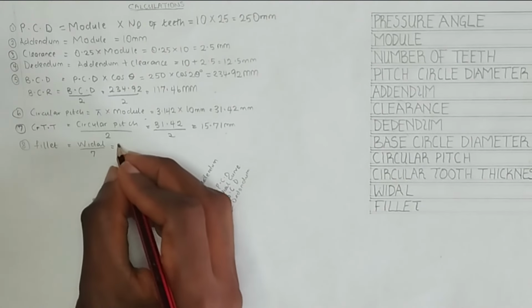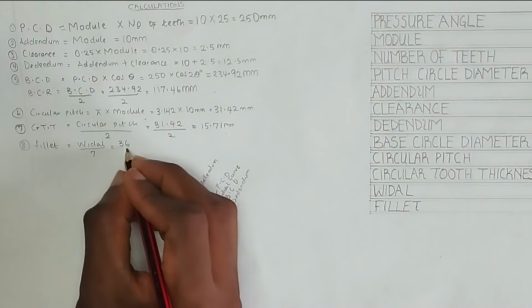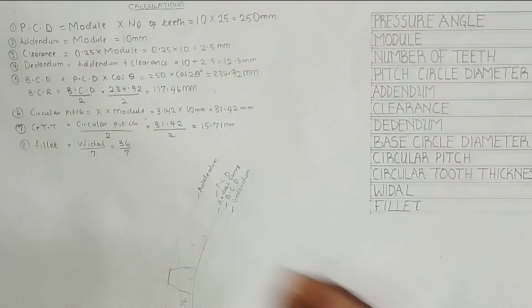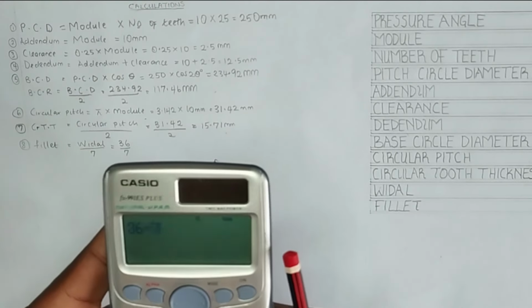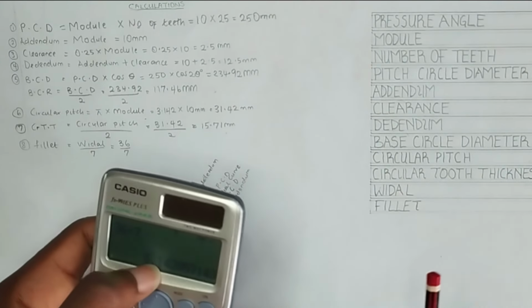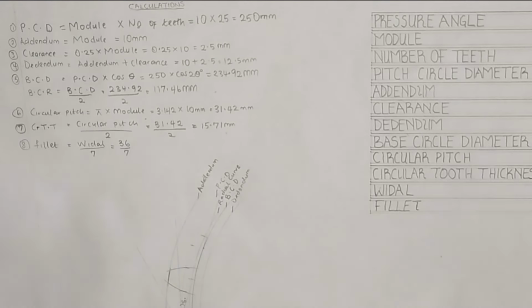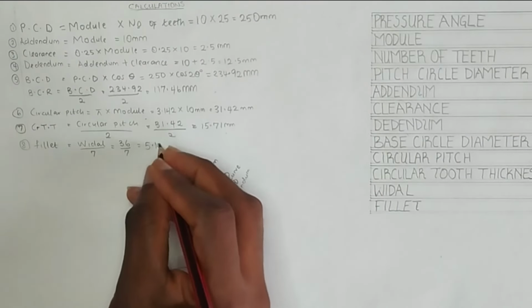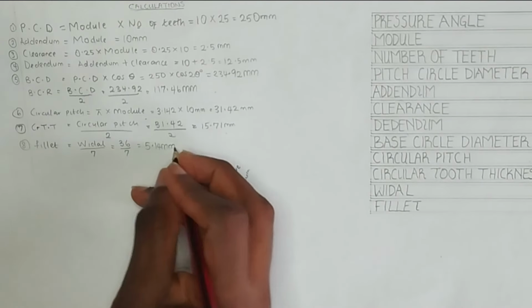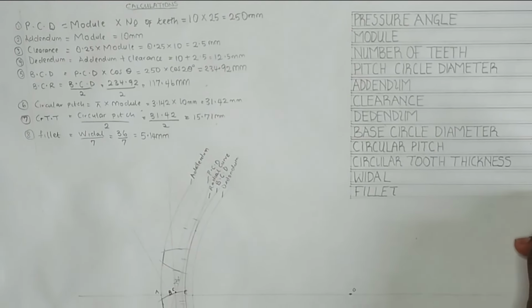So we have been given our wider to be 36, divided by 7. So 36 divided by 7 will give us 5.14 millimeter.